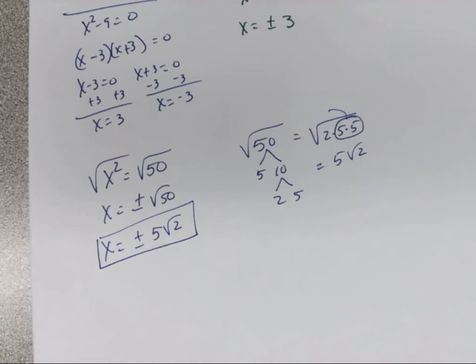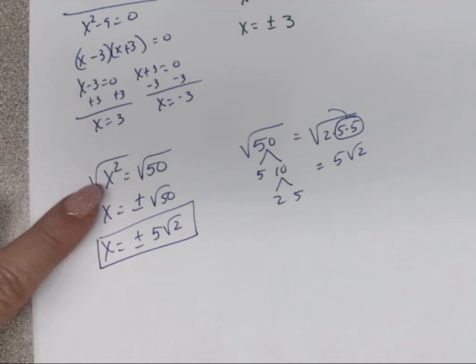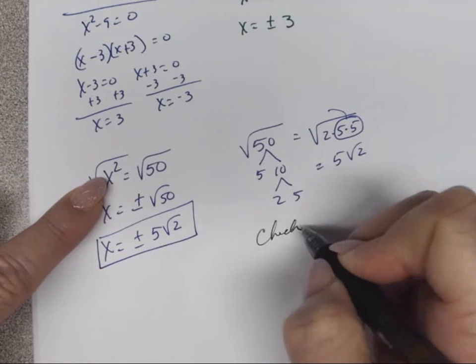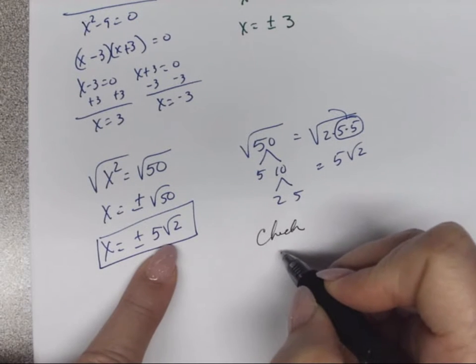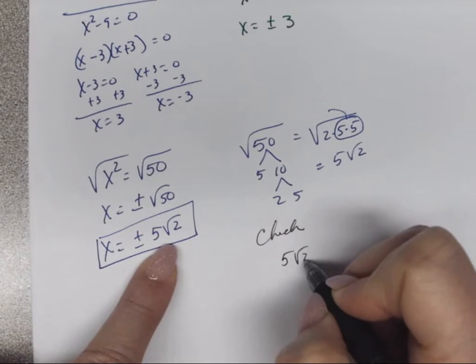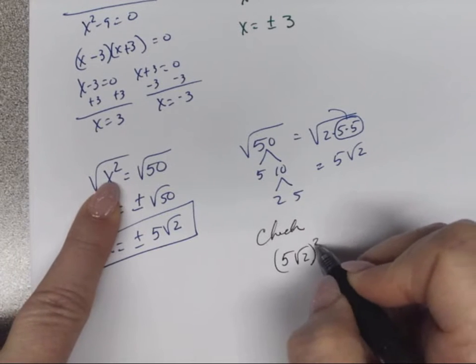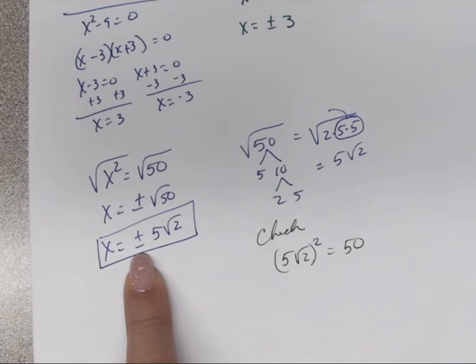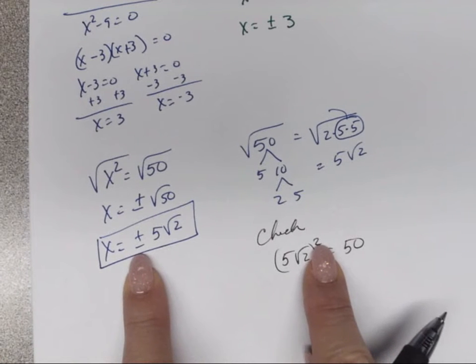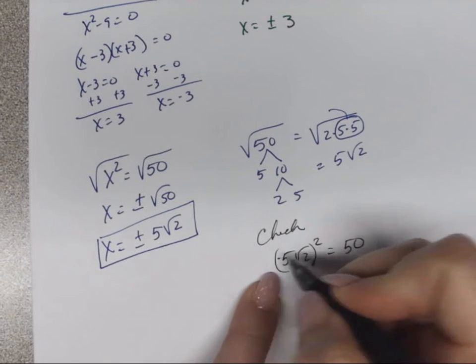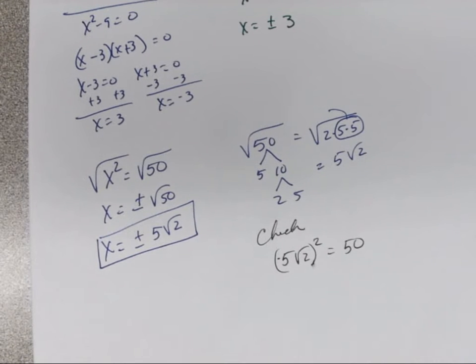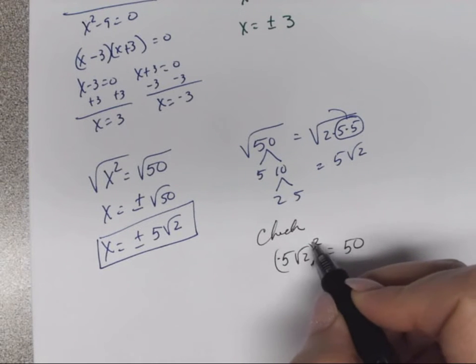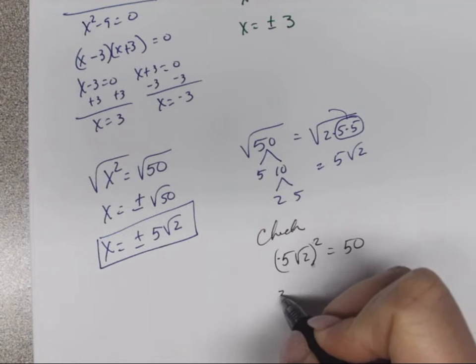Now we can check this. You can put it into your original equation. We can do a check and put in our 5 square roots of 2 and square it. Is it equal to 50? It wouldn't matter if we put in the positive or the negative because we're going to square it, and anytime we square a number, it's going to be positive. We can put the negative in there just because, what if it was negative? Well, a negative times a negative is still going to get us a positive. 5 squared will get us 25.